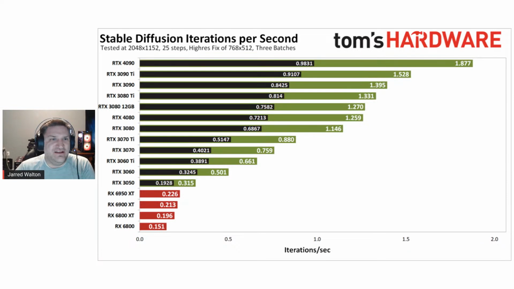This iterations per second is what the results are expressed in. I did 25 steps with the prompt that I gave it, which is this lengthy post-apocalyptic high detail prompt. The 25 steps means it does 25 iterations at 768 by 512, which goes really fast on most of the GPUs.